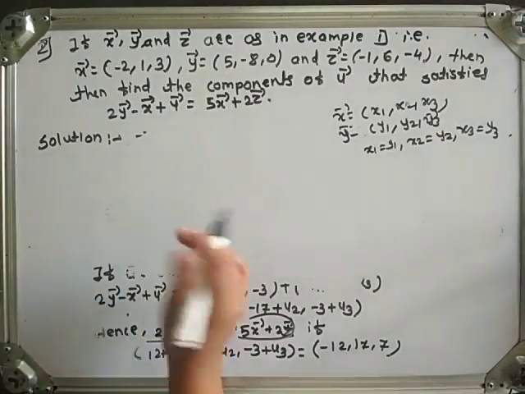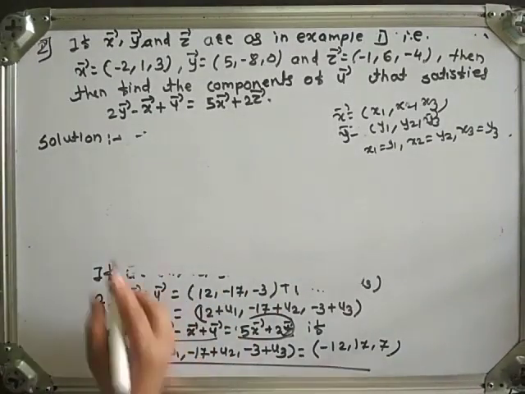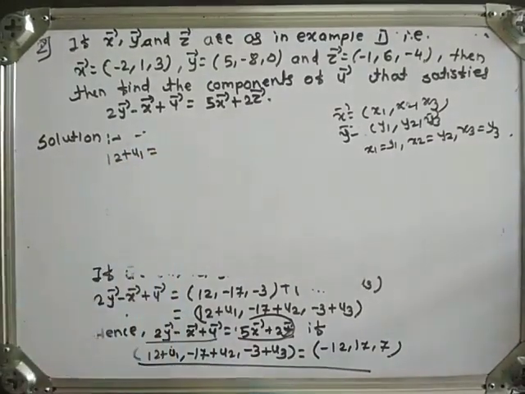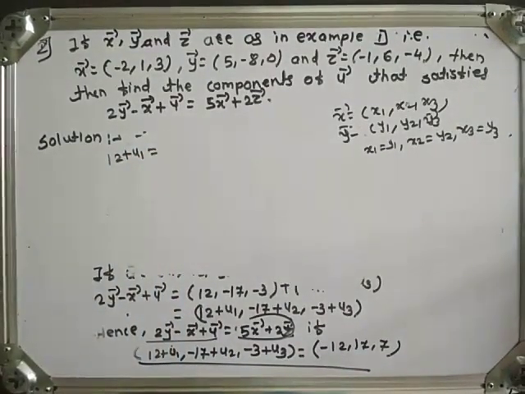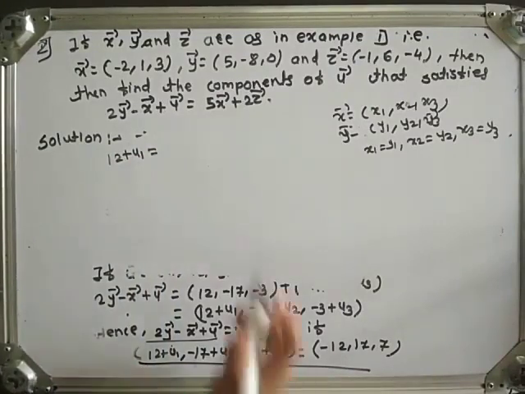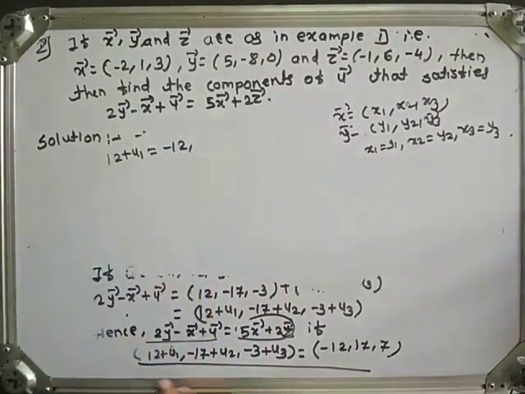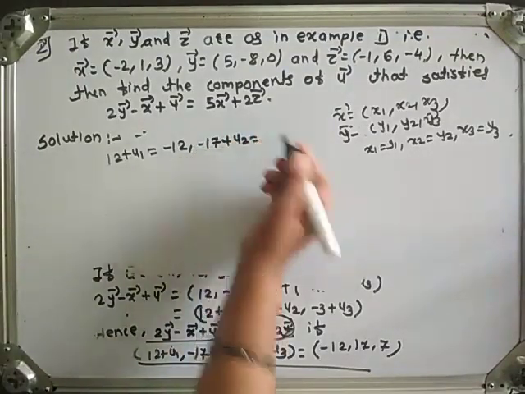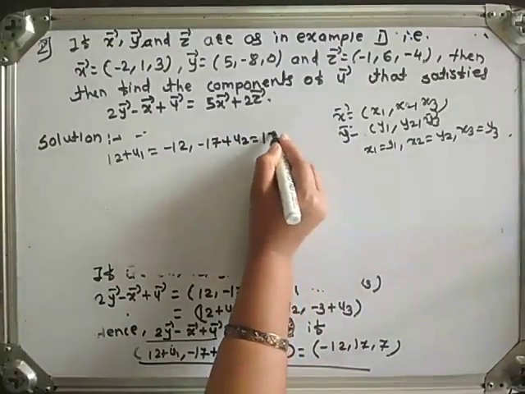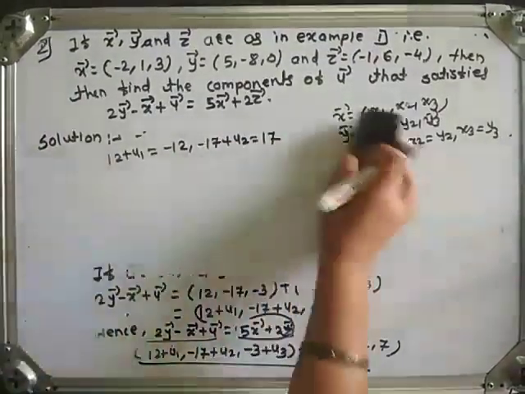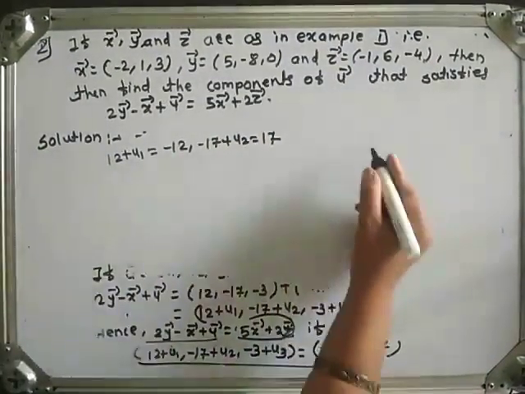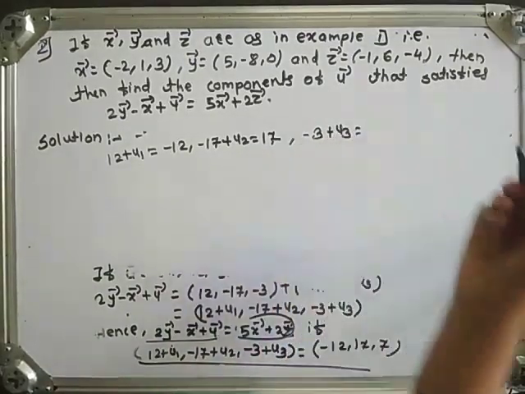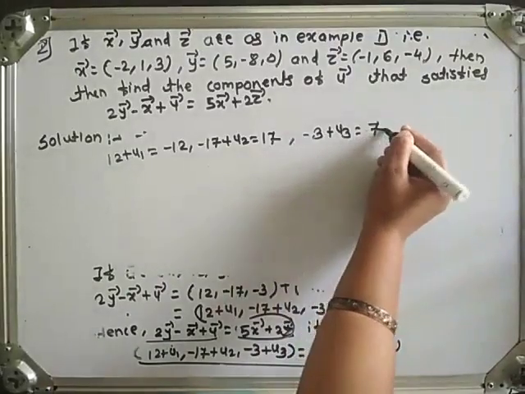Okay, these two vectors are equal means 12 plus u1 equals -12, -17 plus u2 equals 17, and -3 plus u3 equals 7.